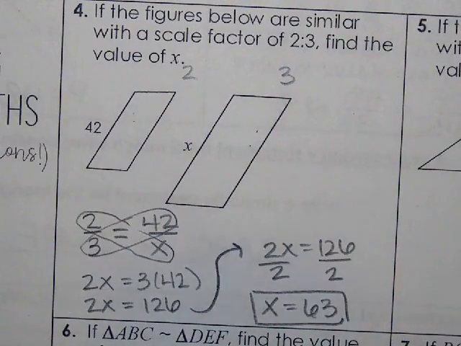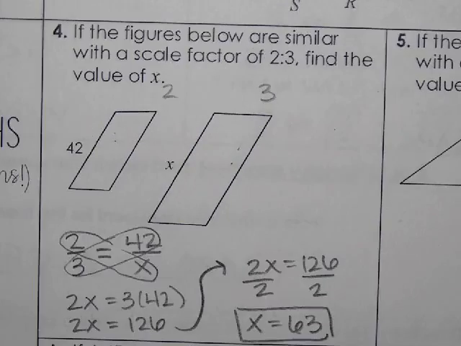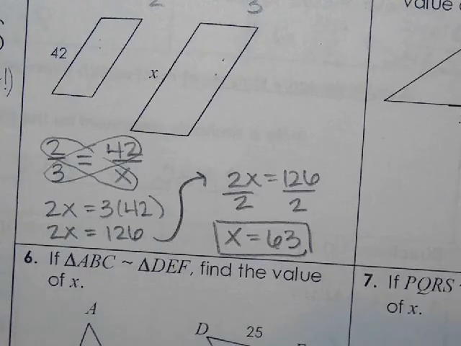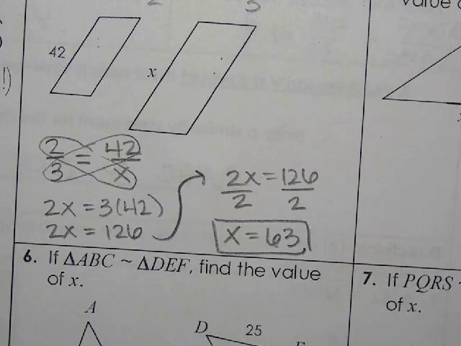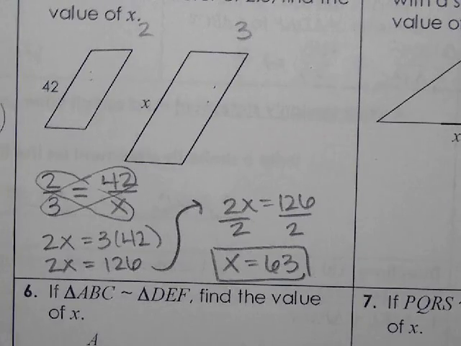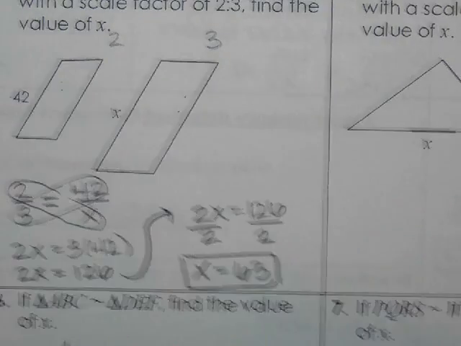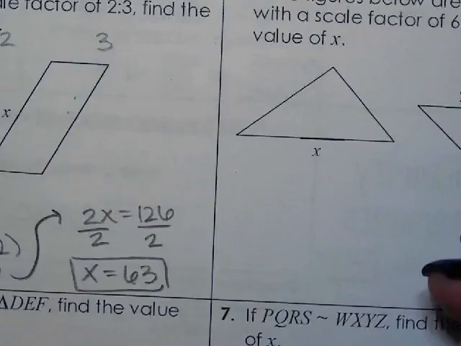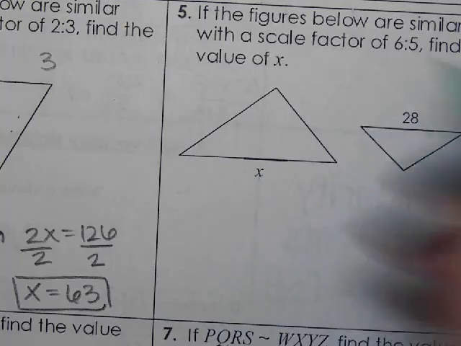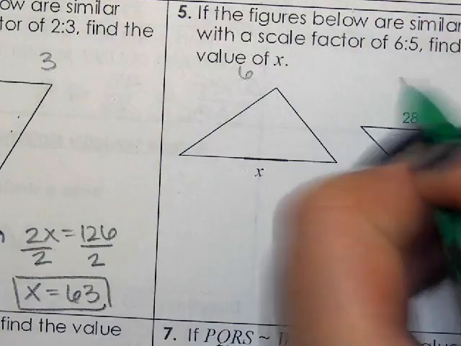All right, this one's pretty simple. So let's go ahead and just do 5 as well. So it says 6 to 5. Same thing, we've got one that's visually bigger than the other, so we can kind of guess what they are, but they still put them in order. So we're going to go 6 over 5 equals x over 28. So we're being consistent.